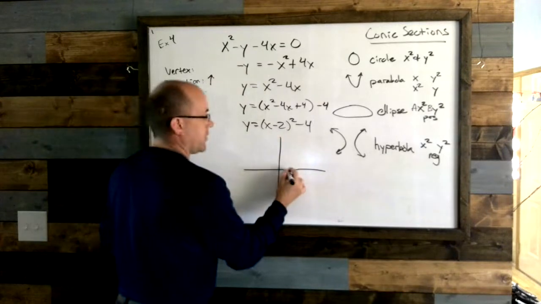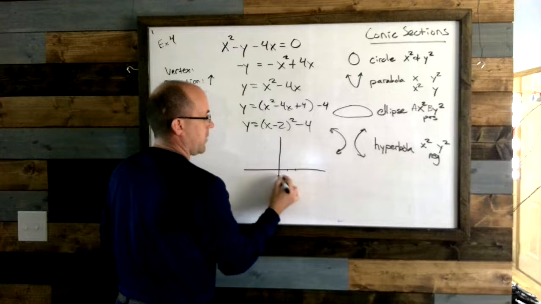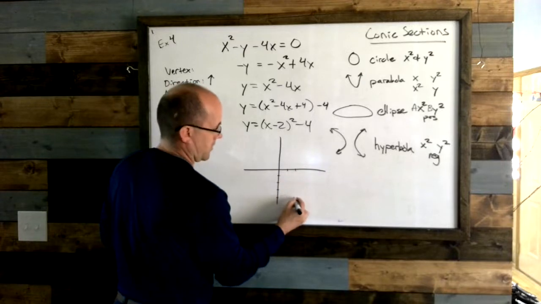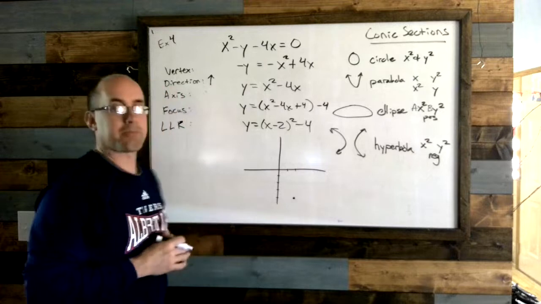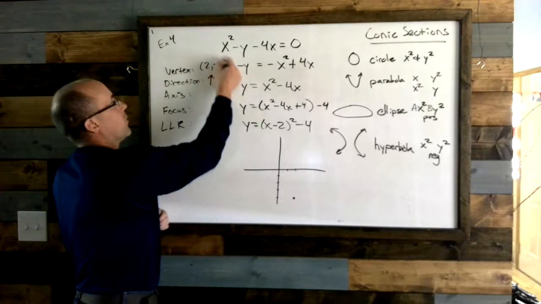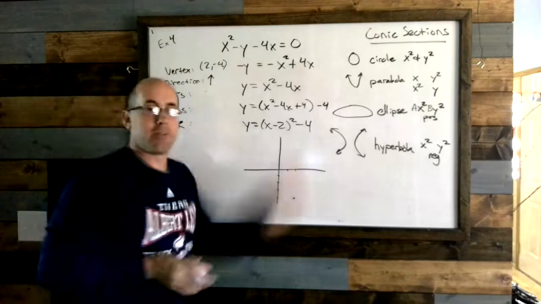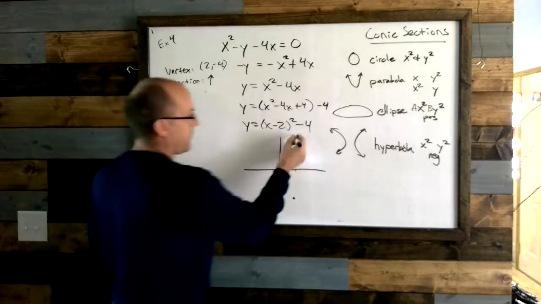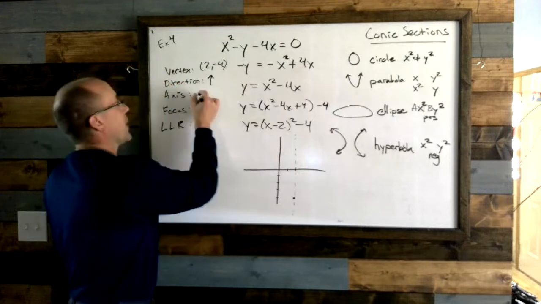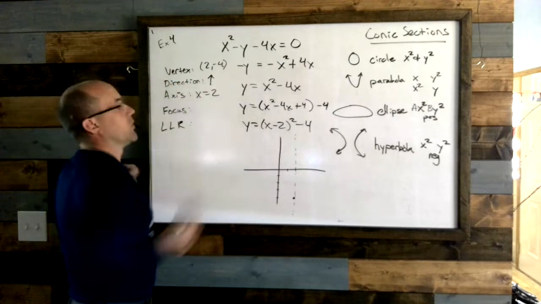So over 2 and down 4 units. Axis of symmetry divides it right in half. It's vertical, so the axis of symmetry is going to look like that, or x is equal to 2.